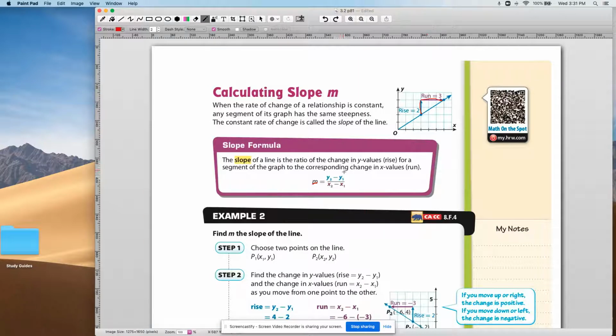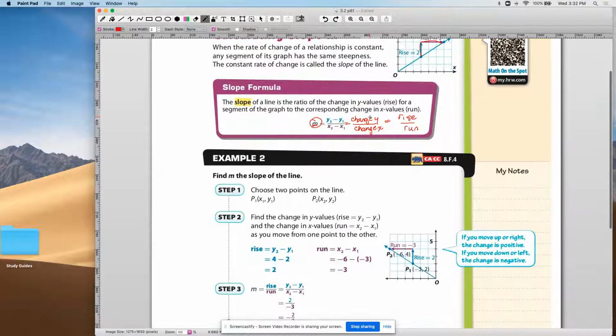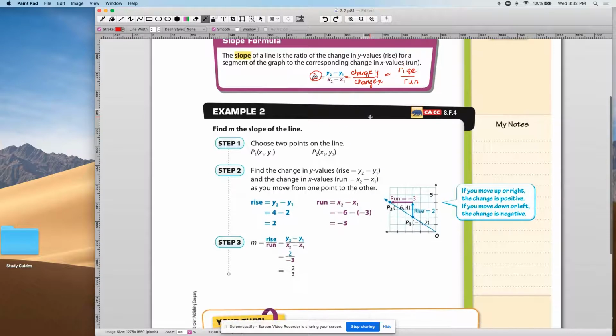All right, so it's the change in y over the change in x. Okay, and again, another way to write that is the rise over the run. And this is slope, and it's m. Okay, I'm trying to figure out why I can't move my screen down. Oh, there it is. Okay, couldn't find it.